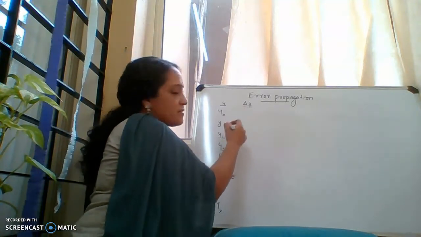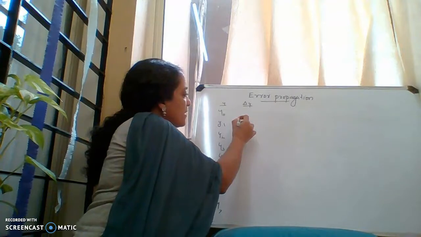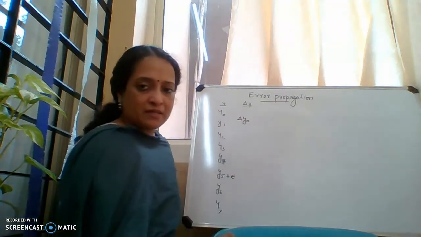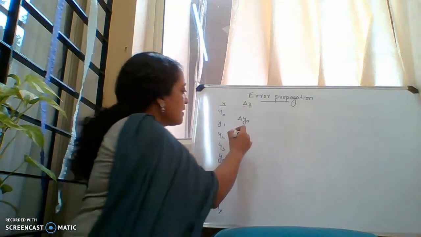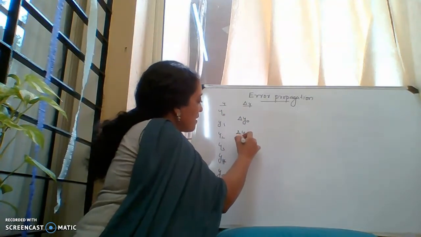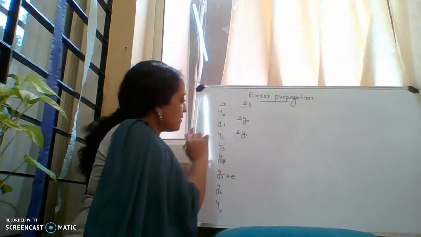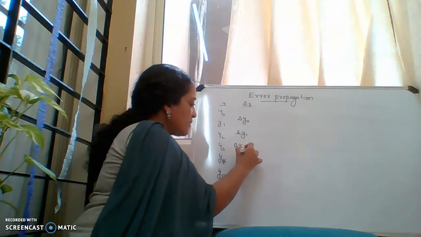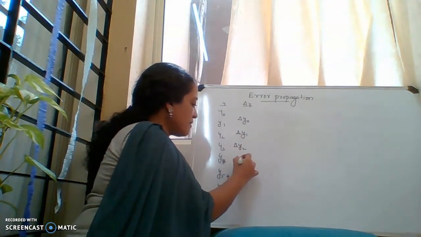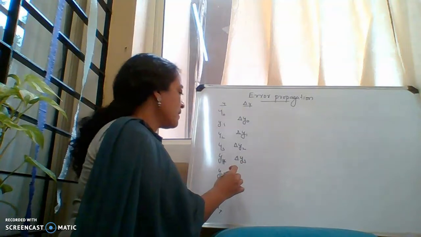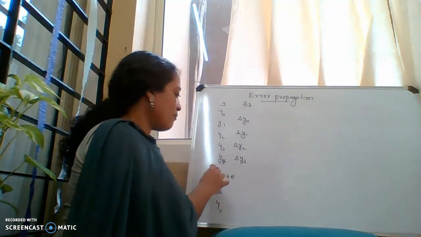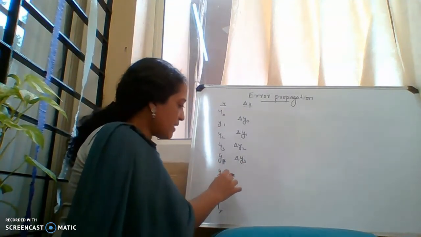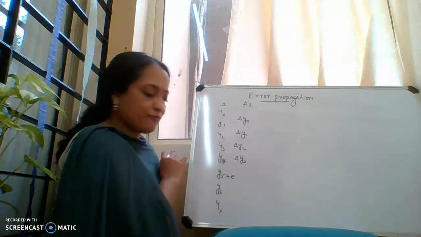Now, delta y0, as you know, is equal to y1 minus y0. Then delta y1 is equal to y2 minus y1. Then comes delta y2, then delta y3, and delta y4 is actually y5 plus epsilon minus y4 here.